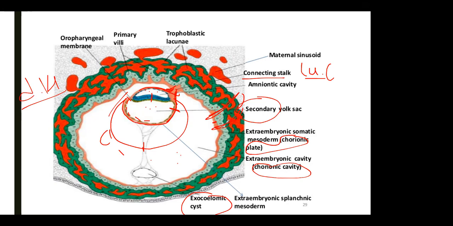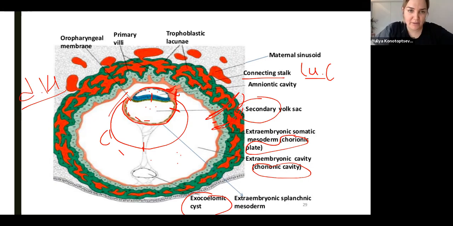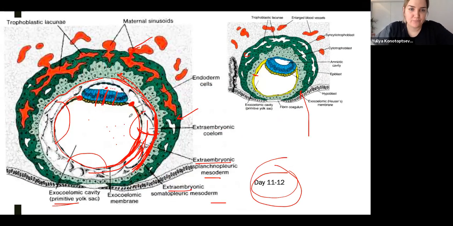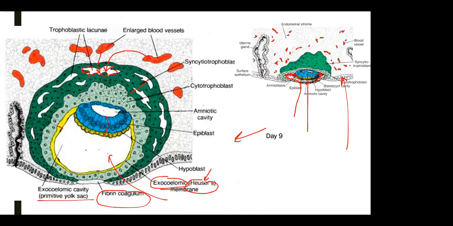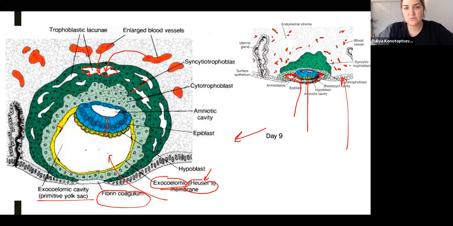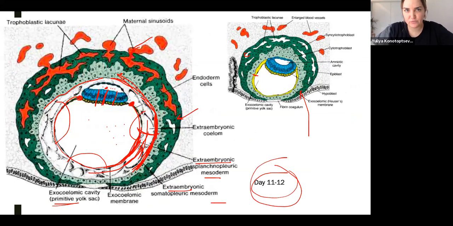Can you please repeat what lines the yolk sac again? Absolutely. So I go back here. We have Heuser's membrane. Heuser's membrane comes from the hypoblast. The problem is that within this membrane, spaces start to appear. These spaces divide your one Heuser's membrane into two.